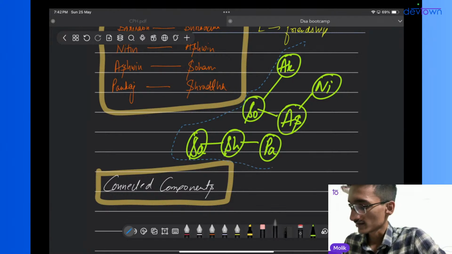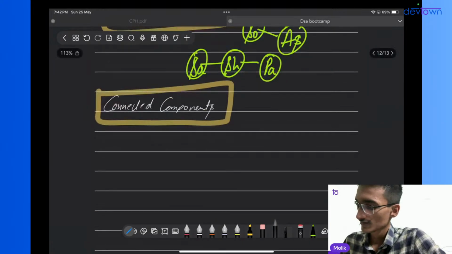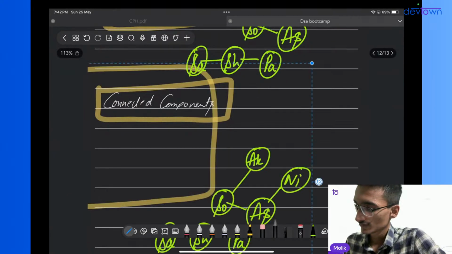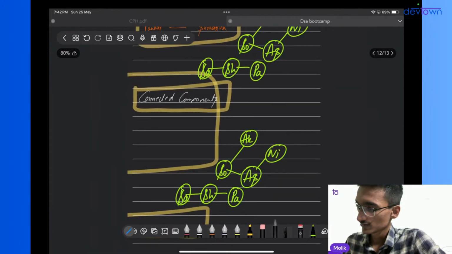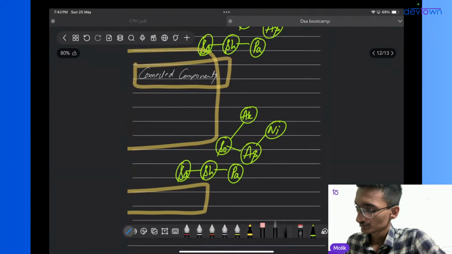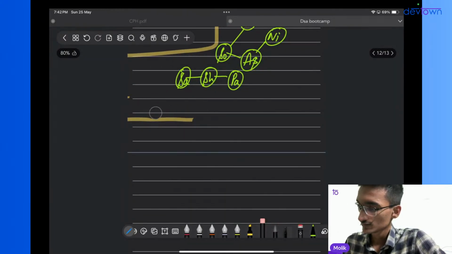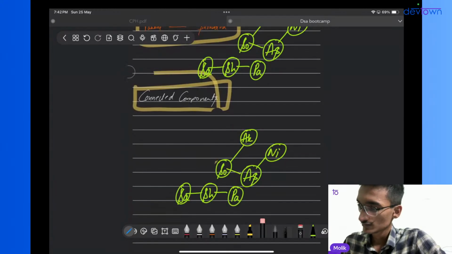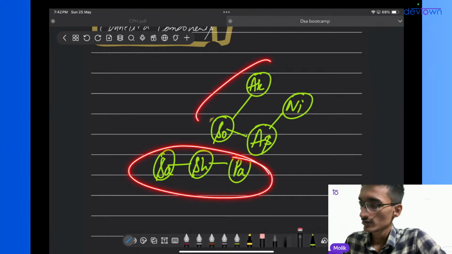We can actually take this example. Okay, so see, here we have two connected components.